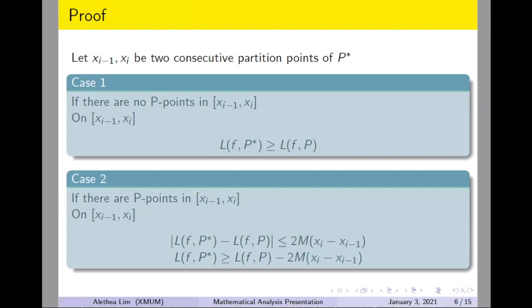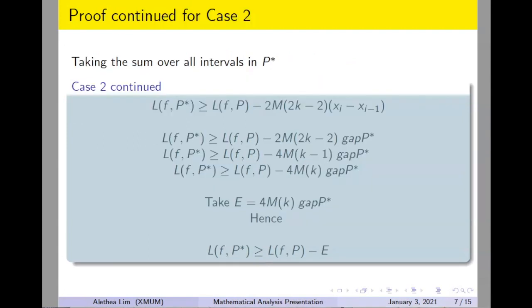Taking the sum over all intervals in P star, we get that the Darboux lower sum of f, P star is greater than or equal to the Darboux lower sum of f, P minus 2 capital M times 2k minus 2, which is the number of intervals, and times the interval length. We then know that gap P star is the maximum length of the intervals.